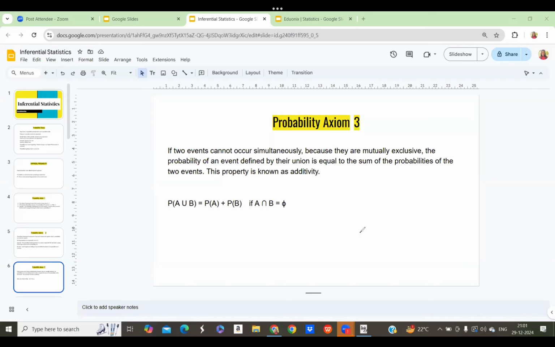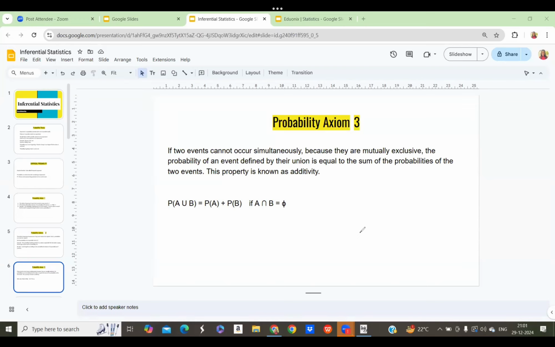If two events cannot occur simultaneously, meaning if you are flipping a coin, you cannot get head and tail together, right? So two events cannot occur simultaneously because they are mutually exclusive, meaning you either get head or get tail. You can't get both together, right?